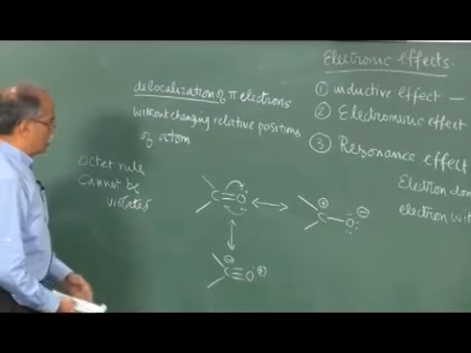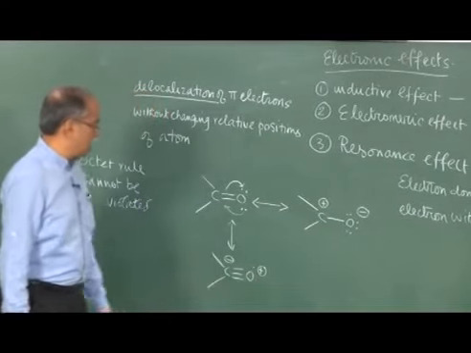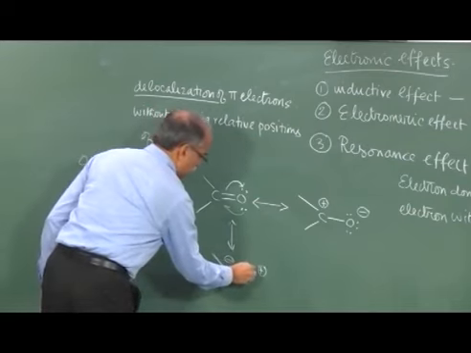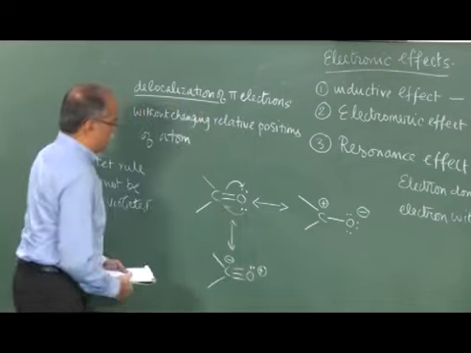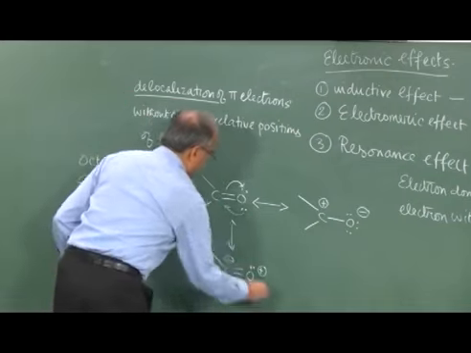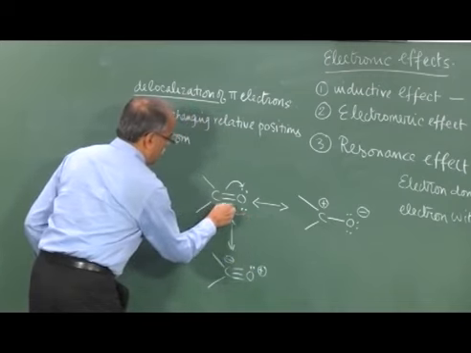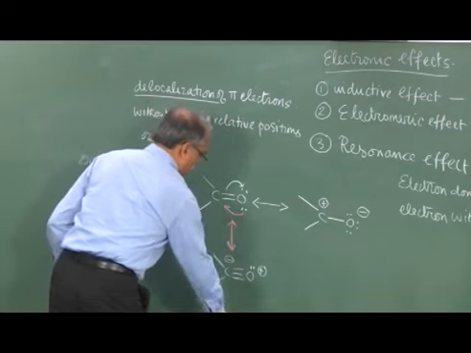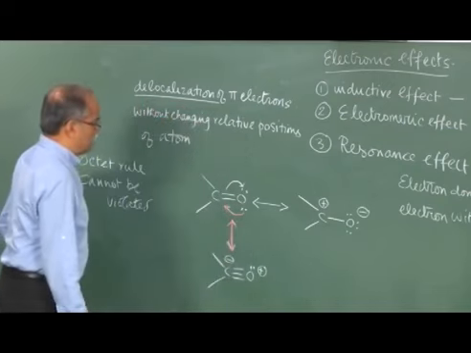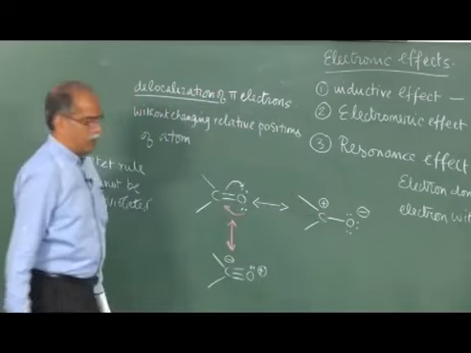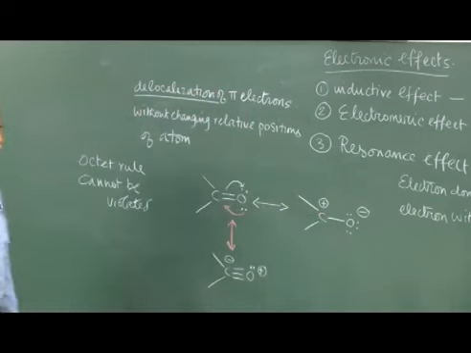Now, if you look at these 2 structures, the Lewis structures that are drawn here, if you look carefully, because of the electronegativity difference between oxygen and carbon, you have a valid reason to delocalize the electron onto the oxygen, because oxygen is more electronegative.